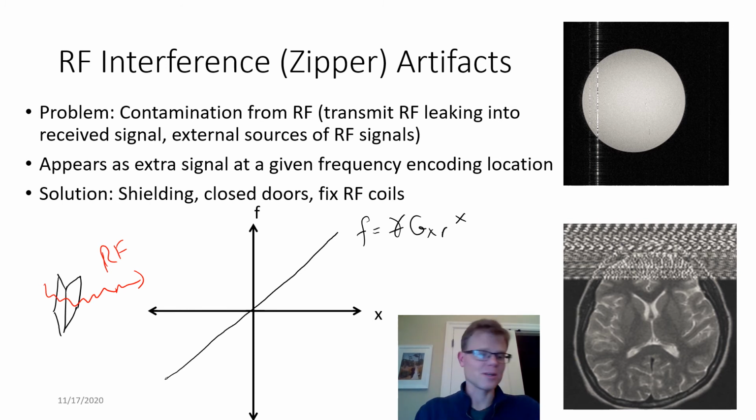This can even happen in components inside the room. I've heard of this happening with light bulbs. So if this RF comes in here and it has some frequency, let's call it frequency zip for zipper.